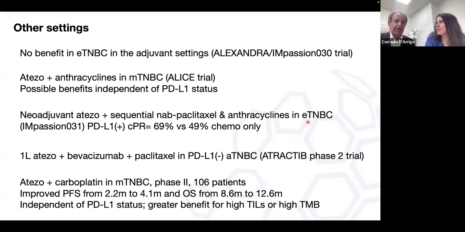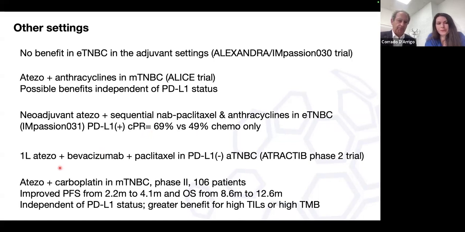So if it's resectable, less than 2 centimeter tumor, exactly, that's probably the definition. And here you see that there is an advantage, and the unit of measure is how many complete pathological responses there are, and it's almost 70% versus almost 50%. So quite a good improvement. Again, in this setting, we give it without PD-L1 status.